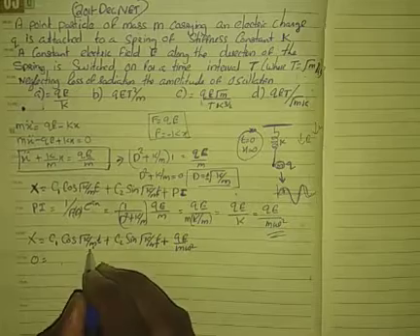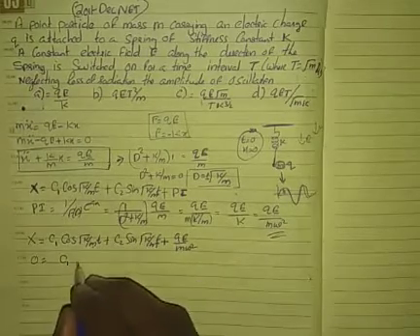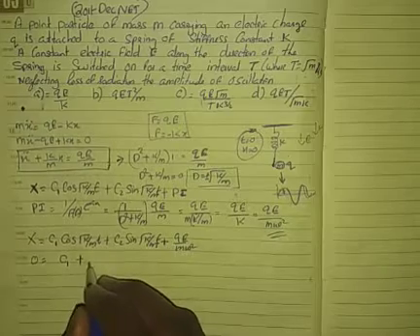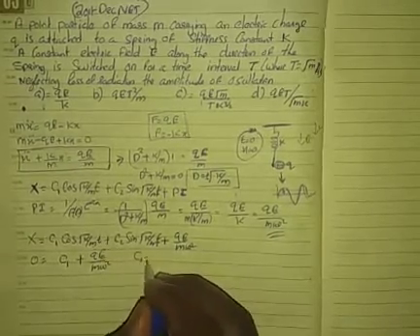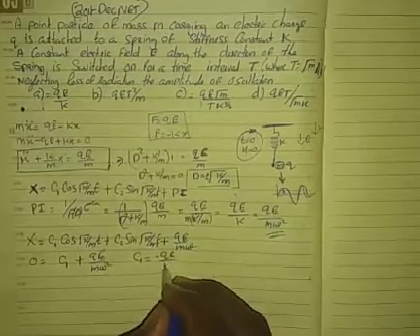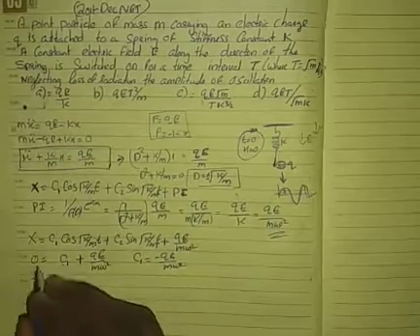Cos 0 is 1, so it's C1 into 1 plus C2 into 0 plus QE by M omega square. So C1 is equal to minus QE by M omega square. Now we can substitute that value of C1 into this equation.